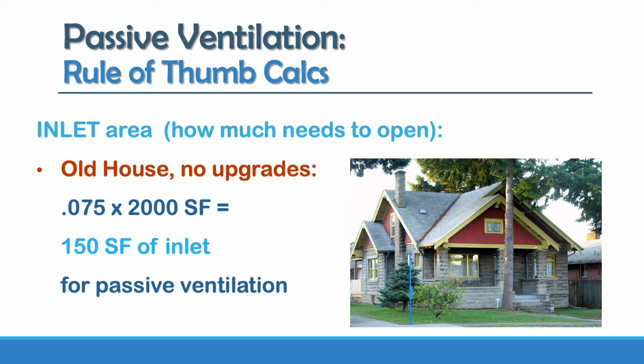It's quite a bit more to get ideal passive ventilation. If we were again looking at that smaller room, the 100 square foot room, 7.5% means that we would have to have 7.5 square feet of opening of inlet to get passive ventilation to work adequately.